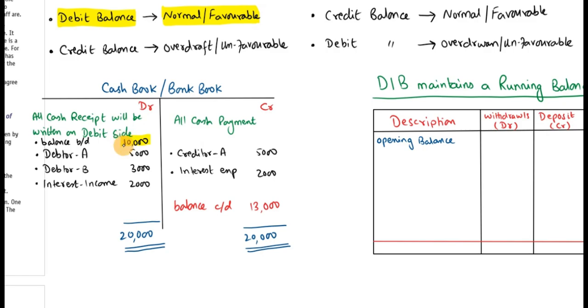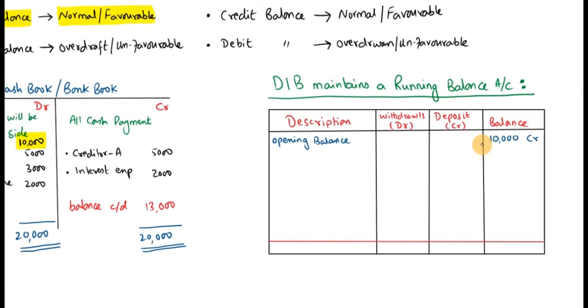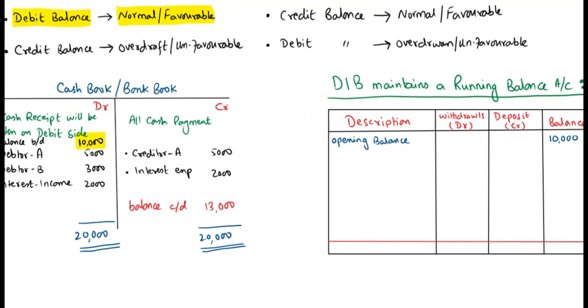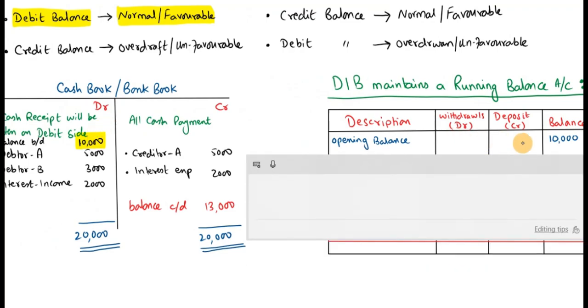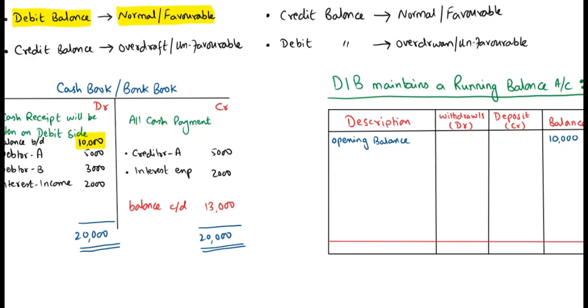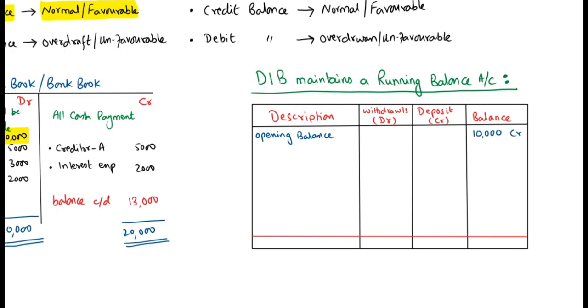Okay, understand? Just to keep a record of what is going on with our business bank account, we will record it in our cash book. And what we record in our cash book, the bank will also record in our bank account, but the bank employee will record on our behalf.